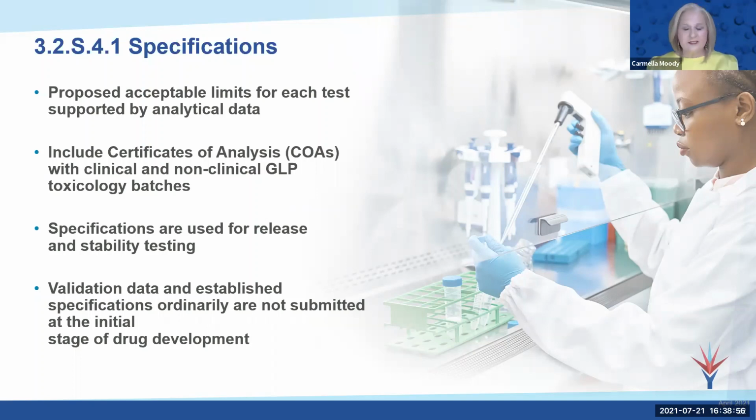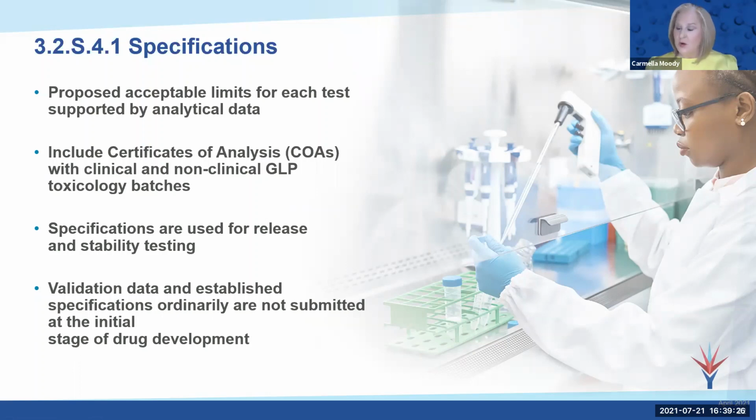Again, early phase to later phase, don't make them too tight to start with. FDA understands that you have to have some batch history, and that it takes that batch history to be able to understand how to tighten your process and be able to achieve those limits. So your specifications will tighten as you go along in your process.